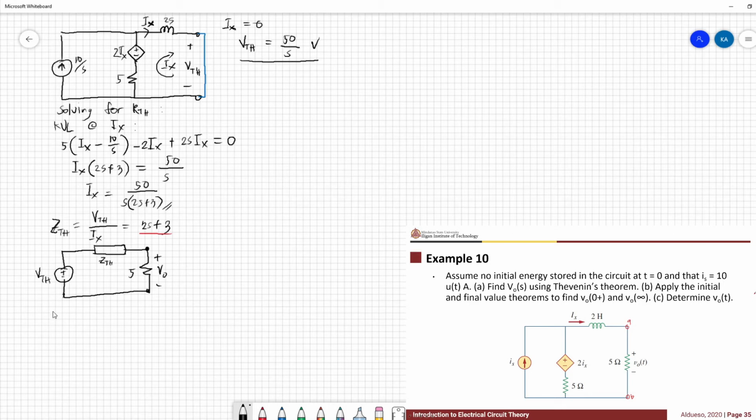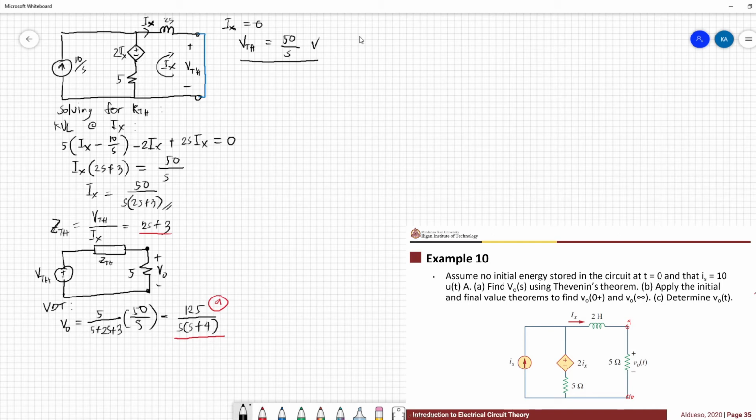So Vo of s by voltage divider, Vo is equivalent to 5 over 5 plus 2s plus 3 times 50 over s, or this is equivalent to 125 over s times s plus 4. We have that for letter A.